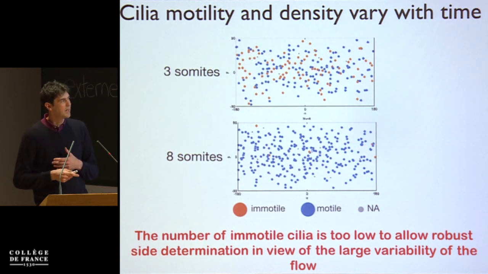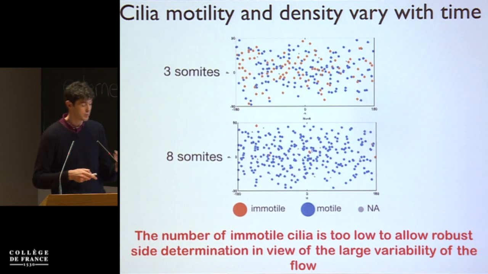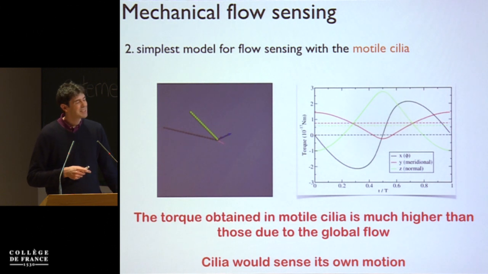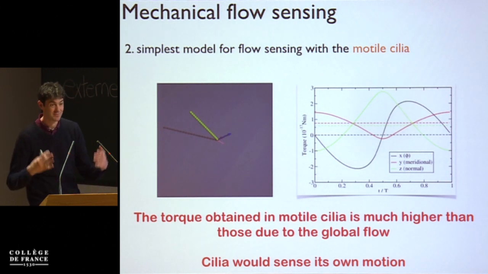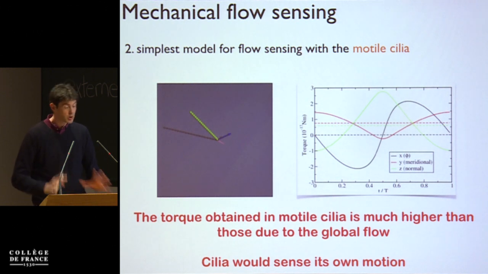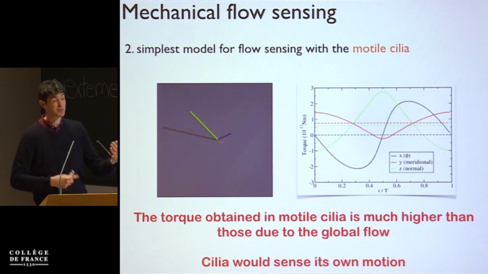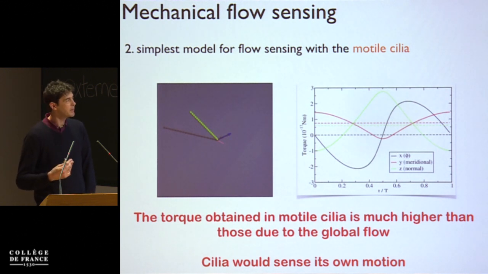So overall, we could conclude, through the modeling, that the number of immotile cilia was not enough to allow a robust side determination, given the large variability of the flow seen in the vesicle. So mechanical sensing, at least from the immotile cilia perspective, looked plausible, but very difficult.